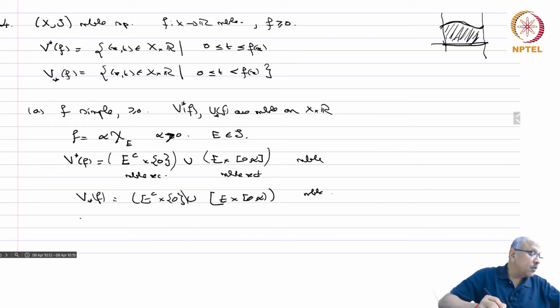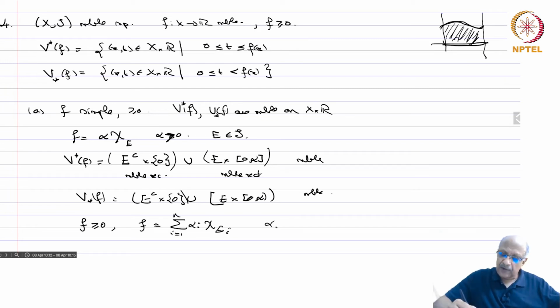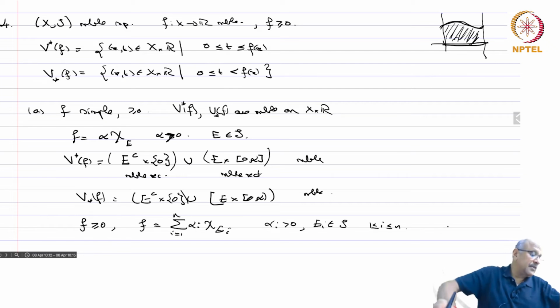Okay, so now let f non-zero, f equals the sum of alpha_i chi of E_i, i equals 1 to n, alpha_i positive and E_i in S, 1 less than or equal to i less than or equal to n.